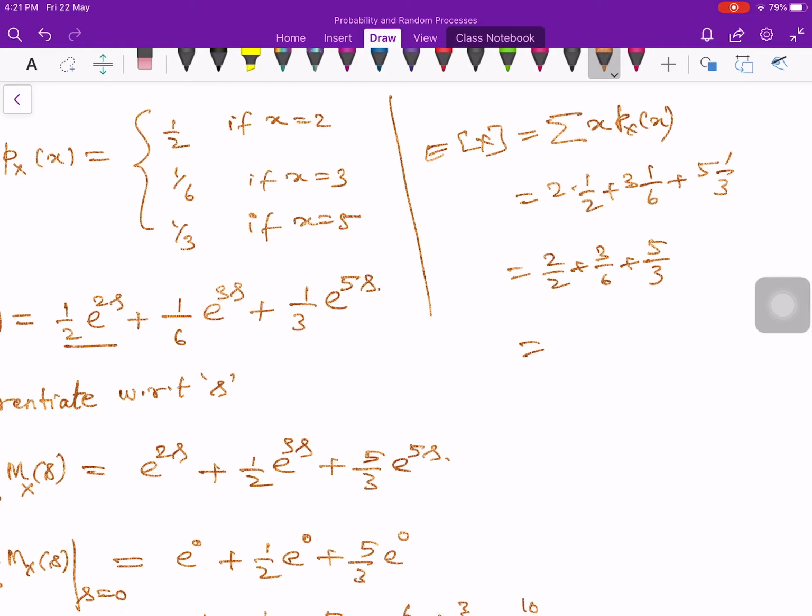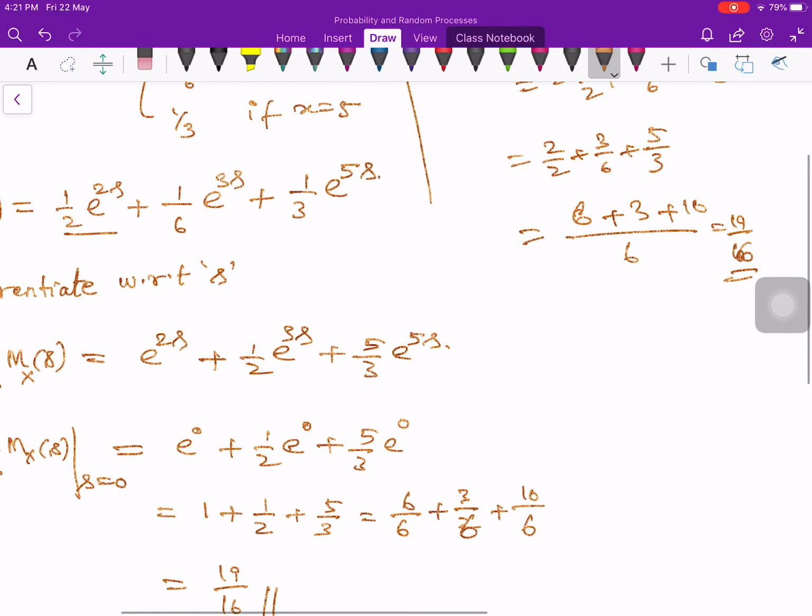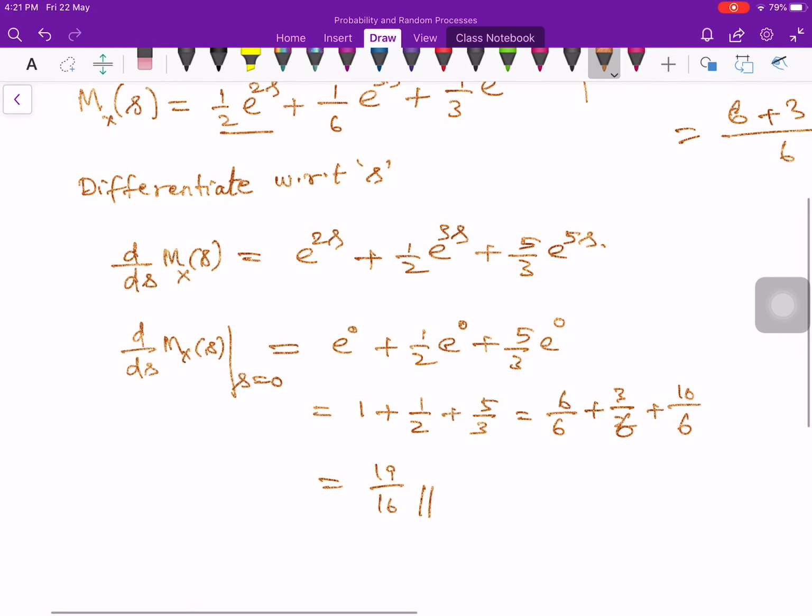Again simplify this, then the denominator is 6, the numerator is 6 plus 3 plus 10, so it is again 19 over 6. Same answer you can get. So either you can use this formula or you can use the moment generating function to find the first moment, that is the mean of the random variable.